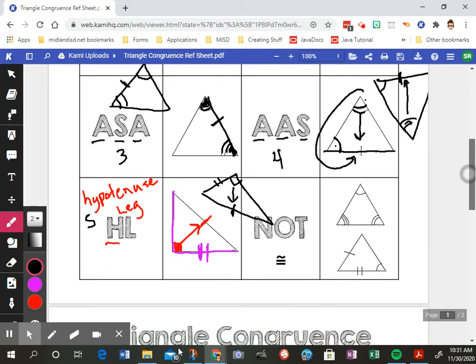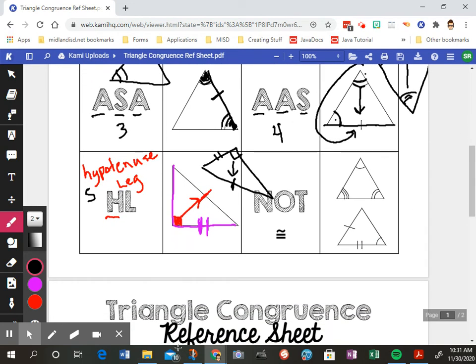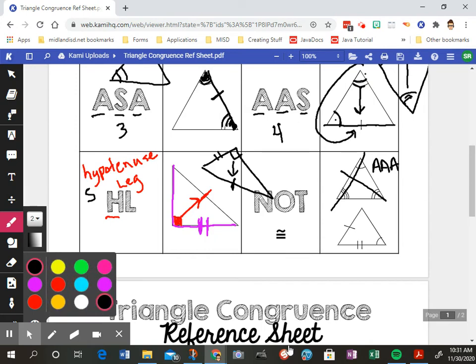How are we not going to prove them congruent? Well, this top one says angle, angle, angle. That works for similarity, but not for congruence. So we're not going to do that one. And this one produces a bad word. Let me show you.